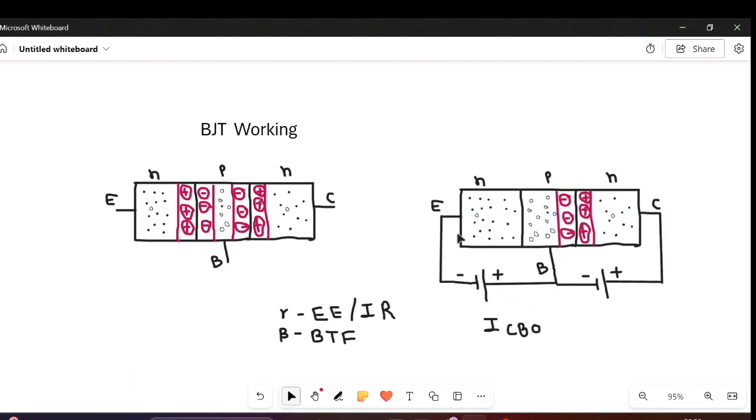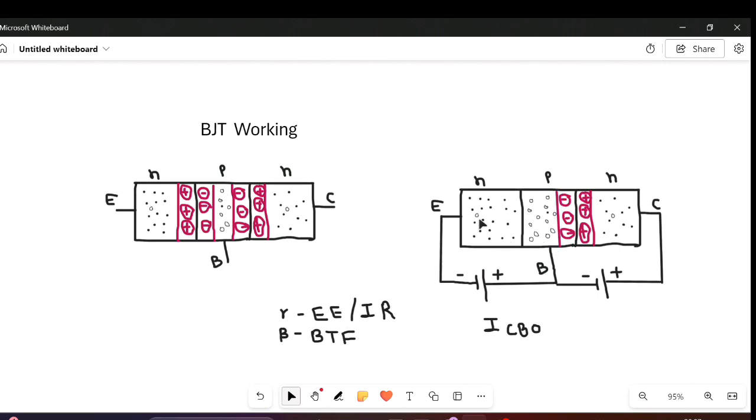So what happens if the emitter base junction is forward biased? The electrons from the emitter region will diffuse into the base and the holes from the base region will diffuse into the emitter region. So there will be a conduction of current because of electrons and holes, but the electron current will be maximum compared to the hole current since the base region is lightly doped.